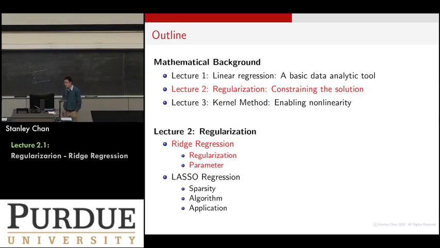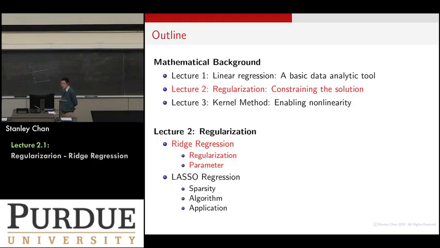Okay, so what is the outline of today's lecture in particular? We want to study the topic of regularization, which is about constraining the solution. And there are two parts of this lecture. One is on the thing called ridge regression, which is one type of regularization, and it's fairly easy to analyze.